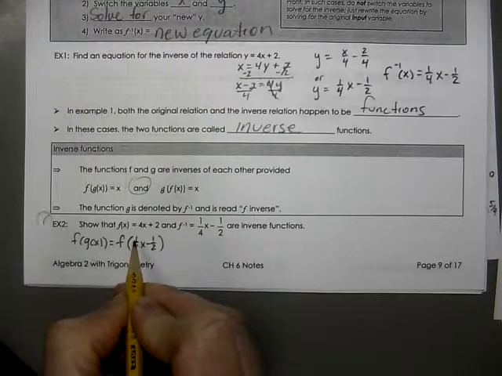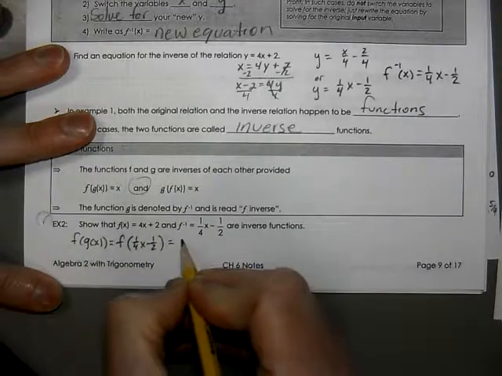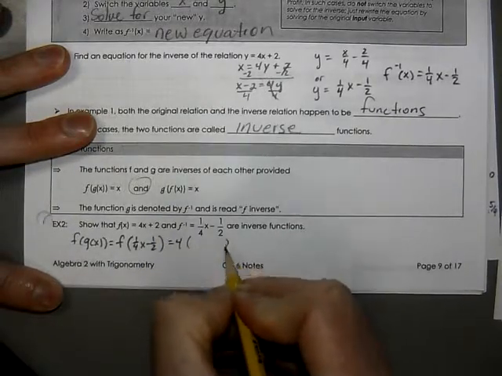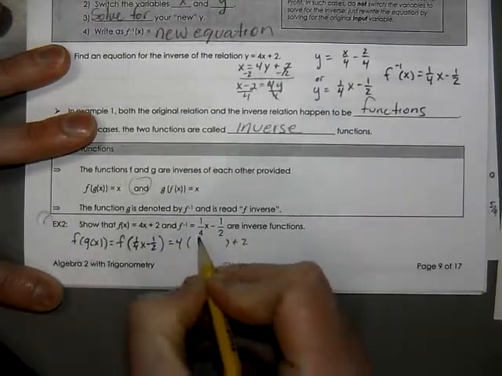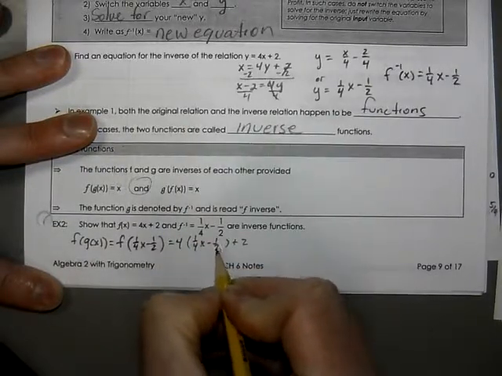So when you plug your 1/4 x minus a half into your f equation, that's 4 times something plus 2. So our something is our 4x minus a half.